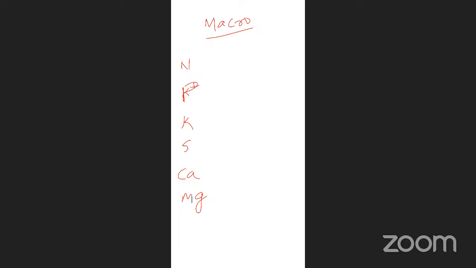First of all, nitrogen. This is the essential mineral nutrient element required by plants in the greatest amount. That's why it is macro. It is absorbed mainly as nitrate, NO3 minus. Sometimes it is also taken as nitrite or ammonium. Nitrogen is required by all parts of the plant, particularly the meristematic tissue and the metabolically active cells.